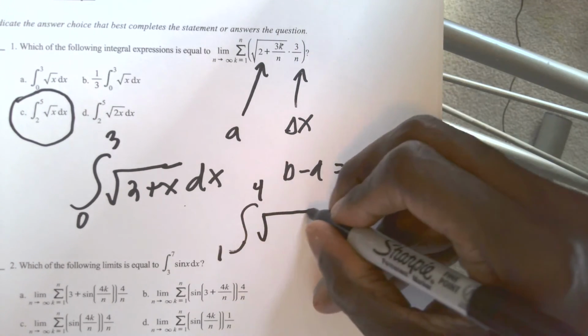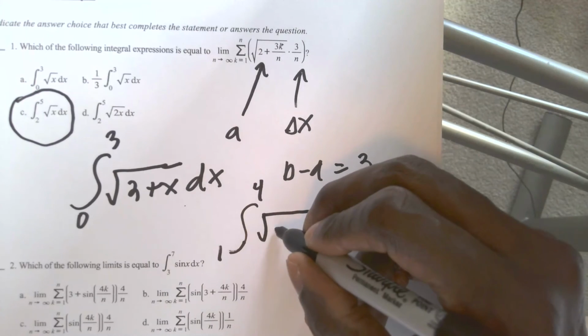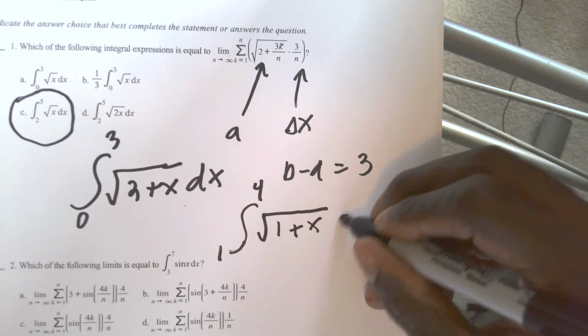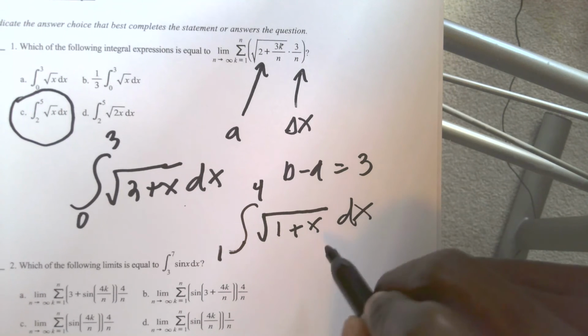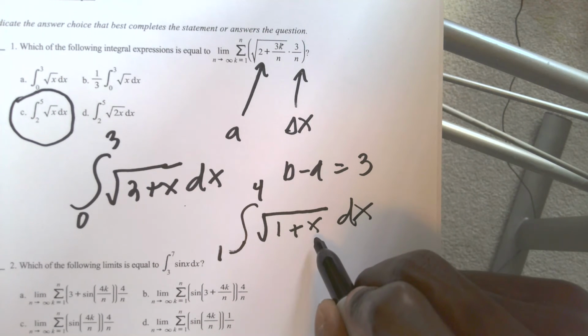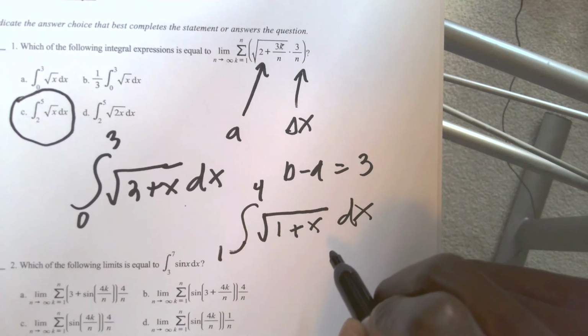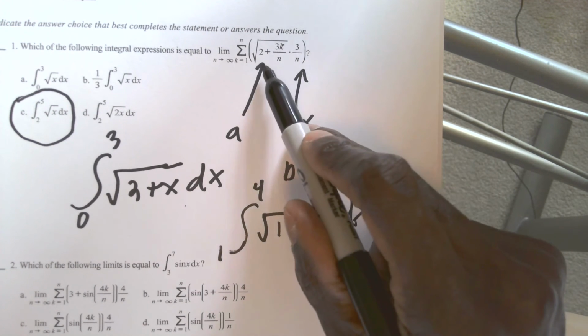But I got this 2 here. Well, what if this was 1 plus x dx? So you can see if f of x is 1 plus x, well, f of a plus delta xi would give us this 2.